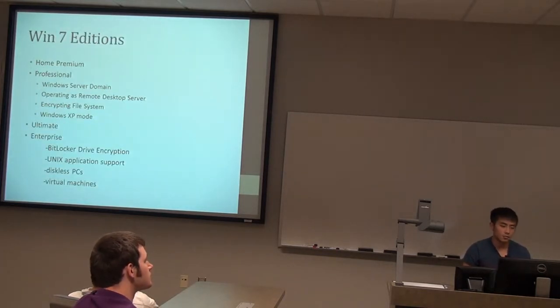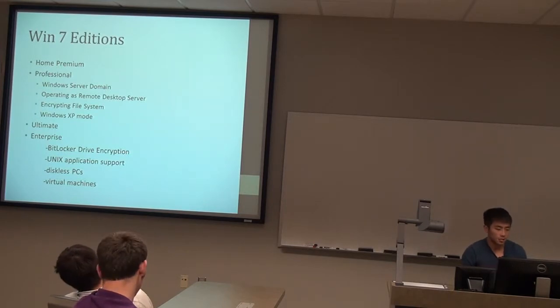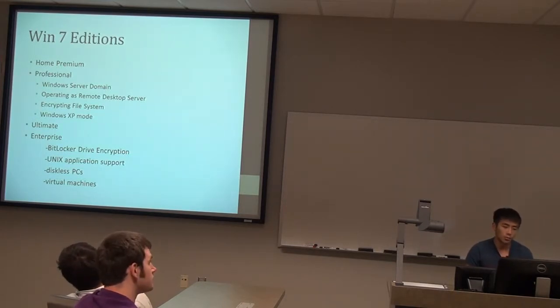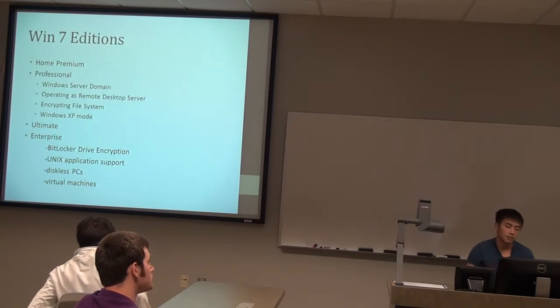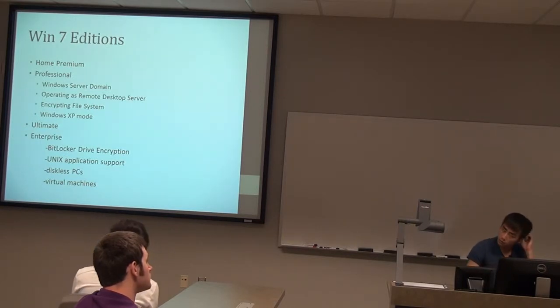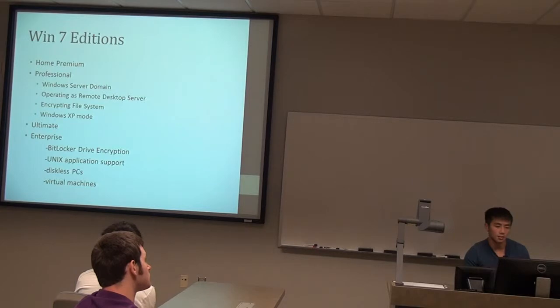And Windows 7 has 4 different editions: the Home Premium, for home users, then the Professional version. Features in the Professional version include the Windows Server domain the computer can be part of, and it could also operate as a remote desktop server.